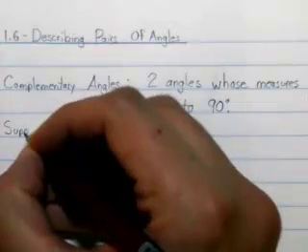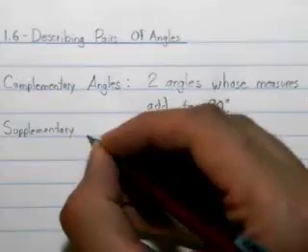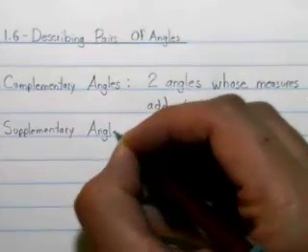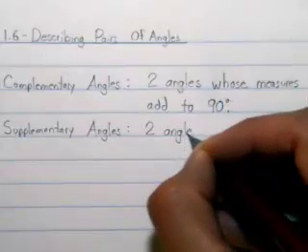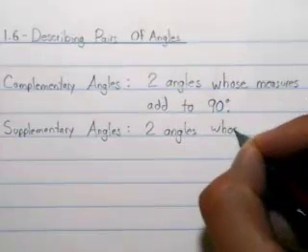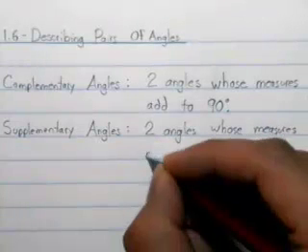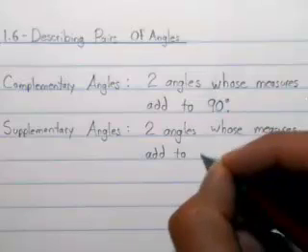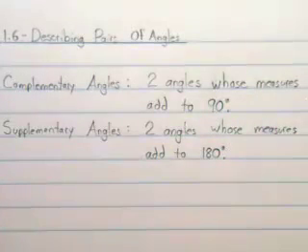Supplementary. We already mentioned it, so I'm just going to write it down. Supplementary angles are two angles whose measures add to 180 degrees. To be complementary or supplementary, the angles don't have to be adjacent.